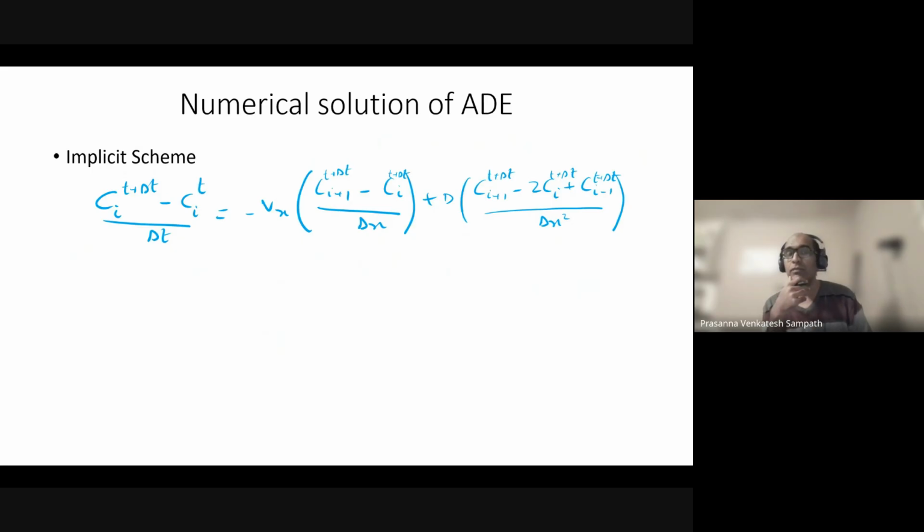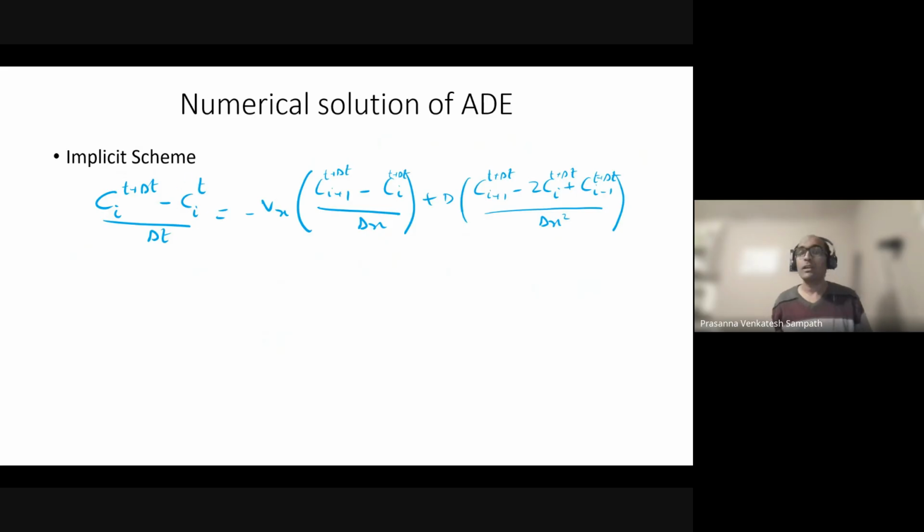Now suddenly, by doing this, in this equation, how many unknowns do I have? At t plus delta t, I don't know the concentration anywhere, right? So in this one equation alone, I have Ci minus 1, Ci, and Ci plus 1, all of them at t plus delta t. So in this equation, there is only one known, which is this term here, Ci at t.